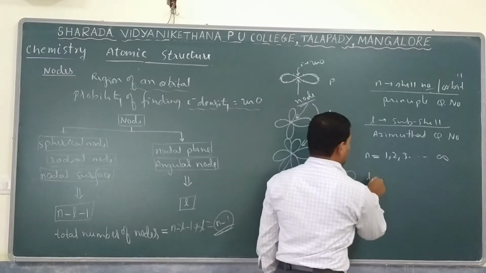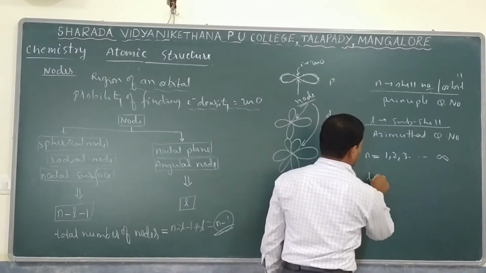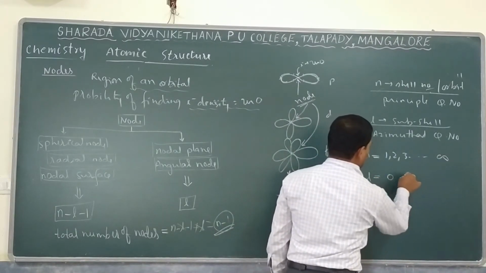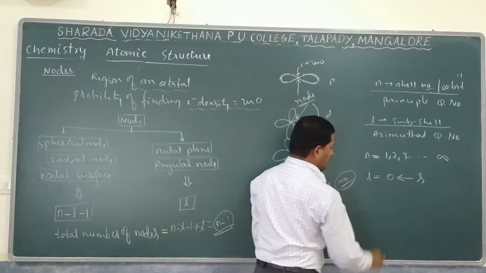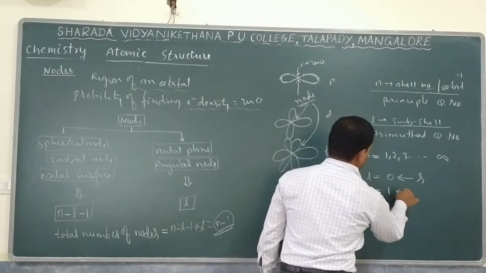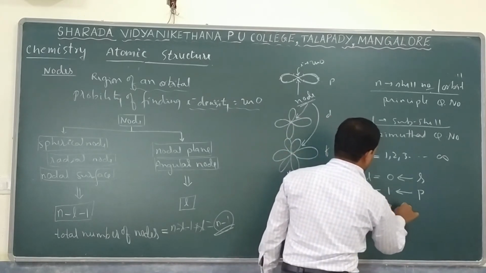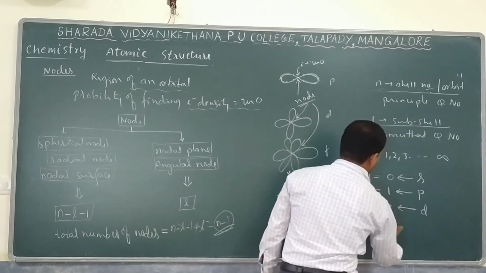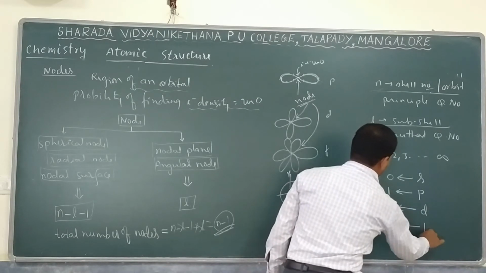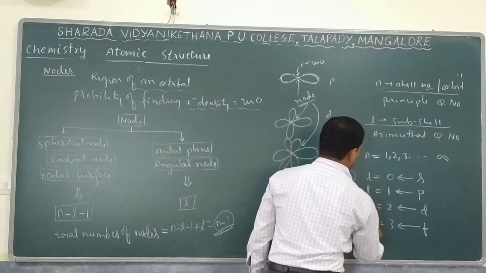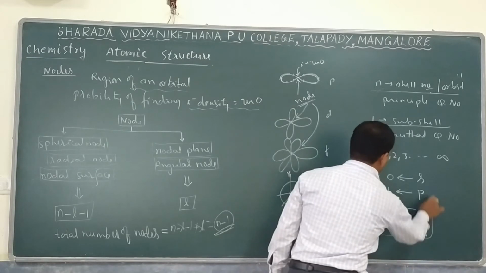But l value is always fixed. Always remember, l equal to 0 is for s orbital, l equal to 1 is for p orbital or p subshell, l equal to 2 for d, and l equal to 3 for f. So this value you have to remember. This is one memory point you have to remember.